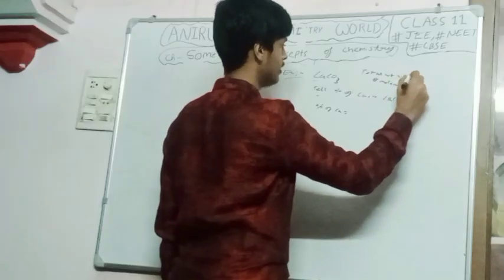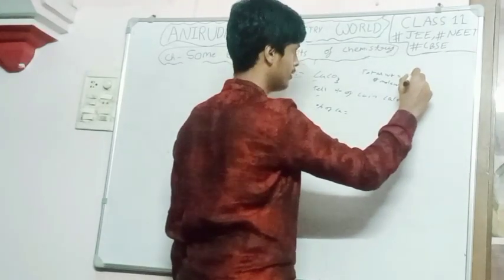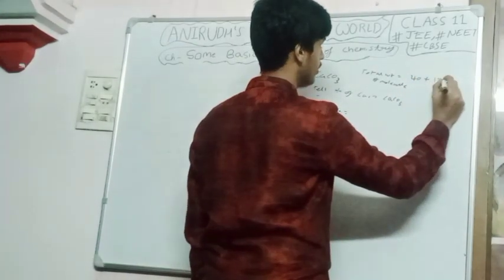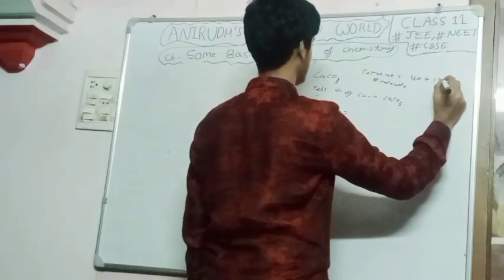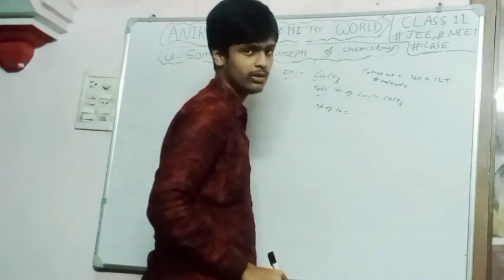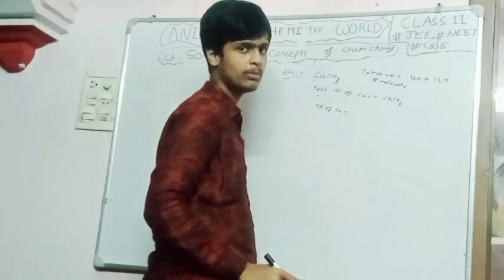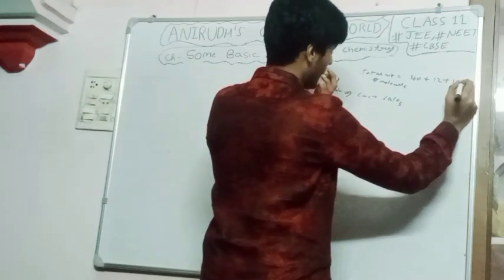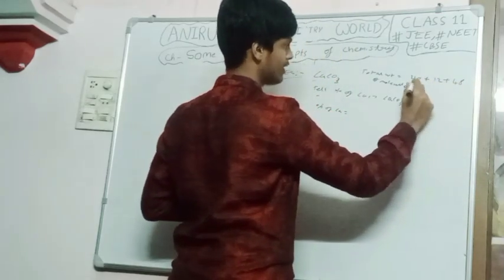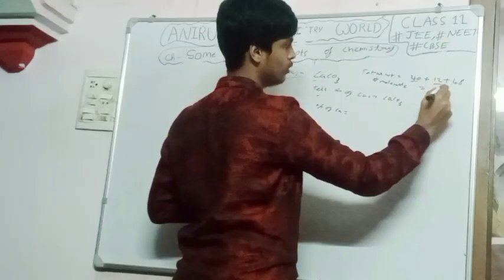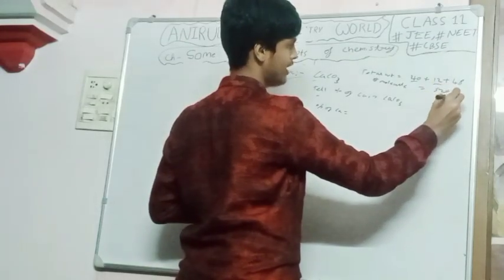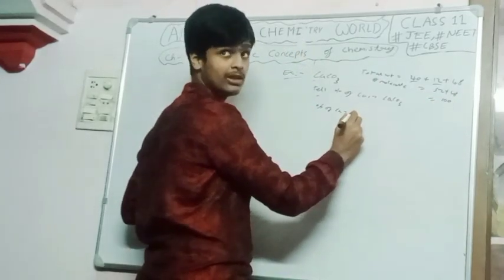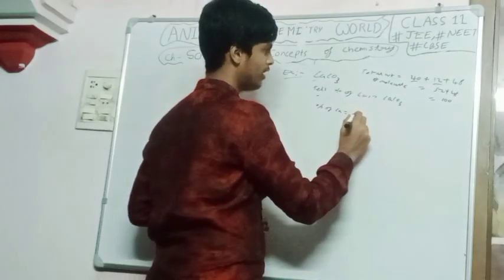Total weight of the molecule: atomic mass of calcium is 40, plus atomic mass of carbon is 12, plus oxygen, atomic number 8, atomic mass 16, three atoms, so 48. So 40 plus 12 is 52, plus 48, that's 100.